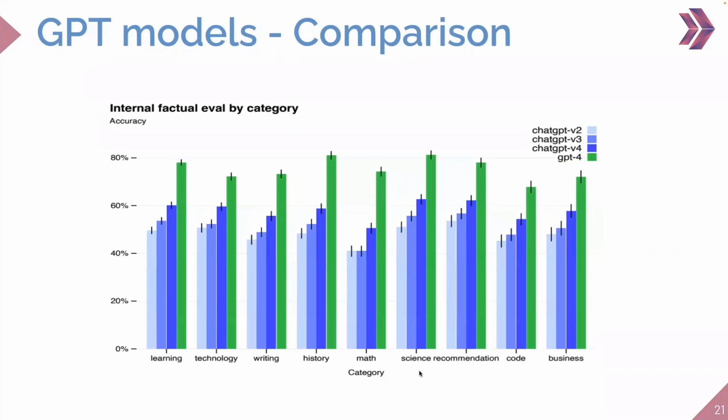So category by category, by the way, this is internal, okay? So they ask some questions to check the reaction of the models against these adversarial questions in different categories. So you can see GPT-4 is touching 80% in history, in science, so it's successful.